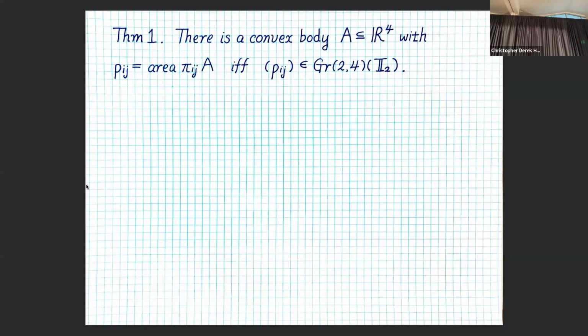So it is very easy to tell you, if you give me a 6-tuple of non-negative numbers, whether there is or there is not a convex body A with these 6 given projection areas. You simply compute the Plücker relations and see if the relations are satisfied over T2.